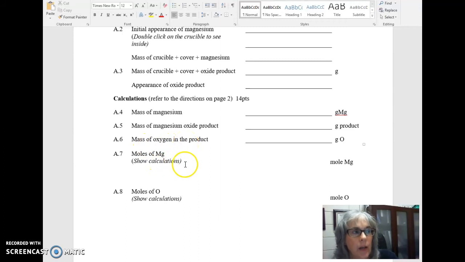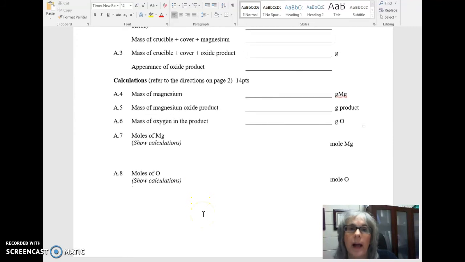And then we'll need to calculate the moles of magnesium. You need to show your calculation here. I have demonstrated the calculation on the first page. So you'll take the mass of the magnesium from here and use the molar mass to write a conversion factor and calculate the moles of magnesium and moles of oxygen. Okay.